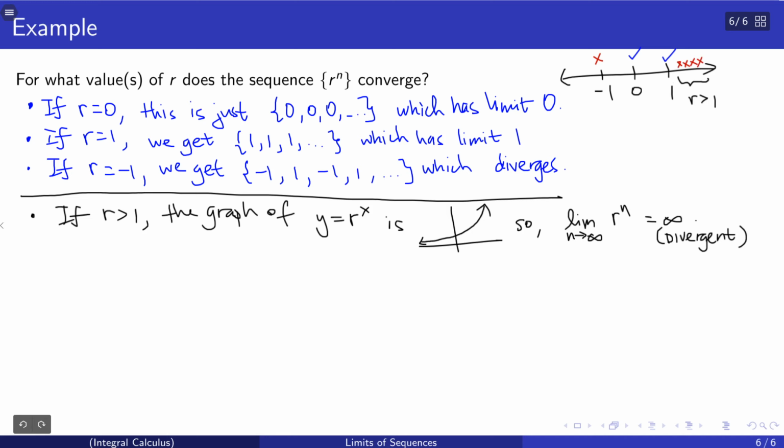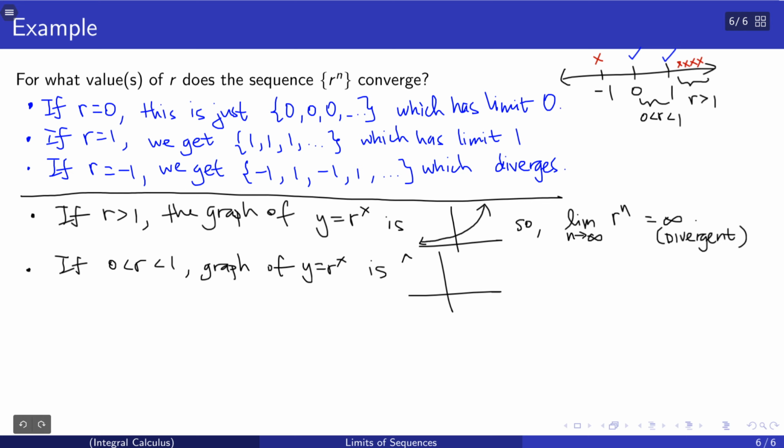Okay, what's next? What if r were in between 0 and 1? Again, from your lessons on the exponential function, what is the graph of y equals r to the x? Well, it's going to be this graph, but looking something like this instead.